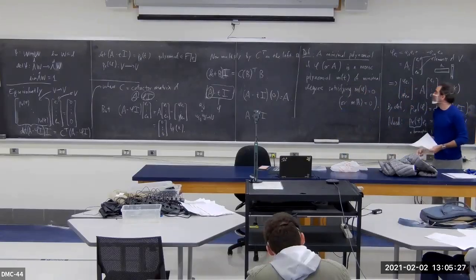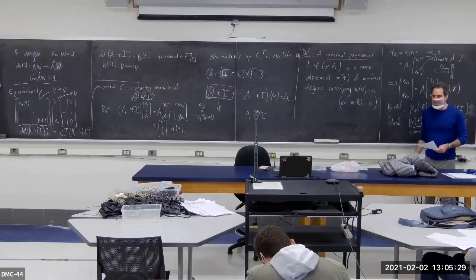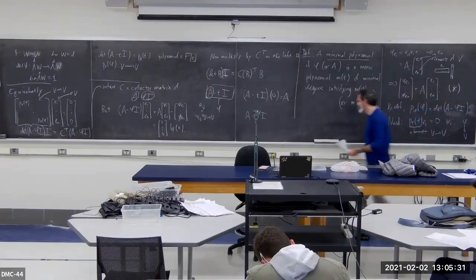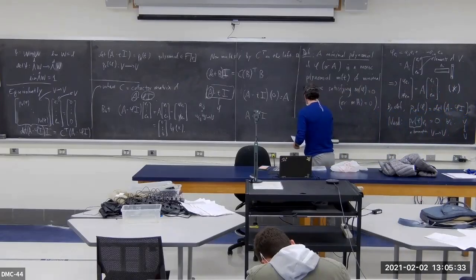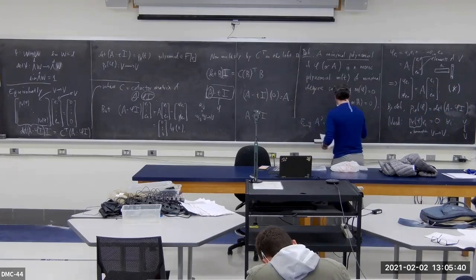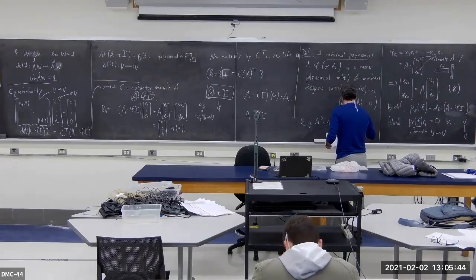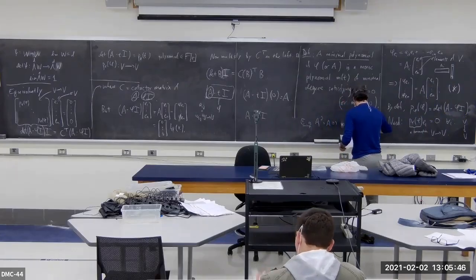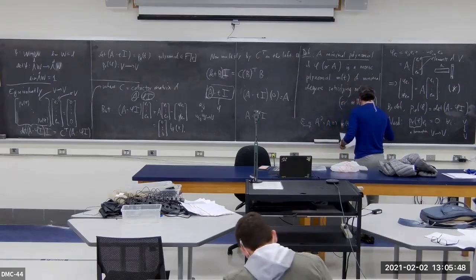Okay? So when we had the A squared minus A over there, that was the minimal polynomial. For example, A squared equals A implies M of t is going to be t squared minus t.